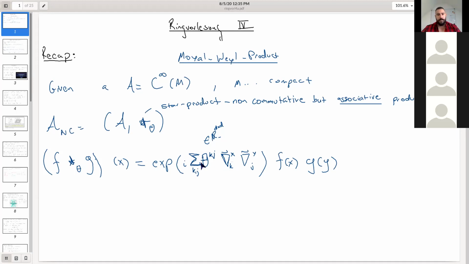There are many versions. Theta can depend on x in general, but the easiest and most straightforward one, and the one that is used a lot in physics, especially in applications to physics, is the one where theta is a skew-symmetric matrix, which is constant. Given a C infinity manifold, let's say it's compact, you take the algebra of functions over that manifold, so all C infinity functions.